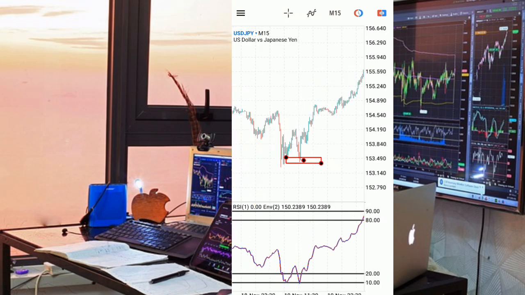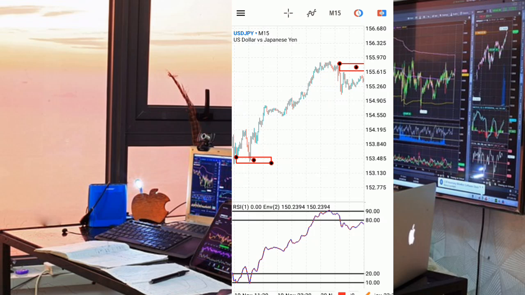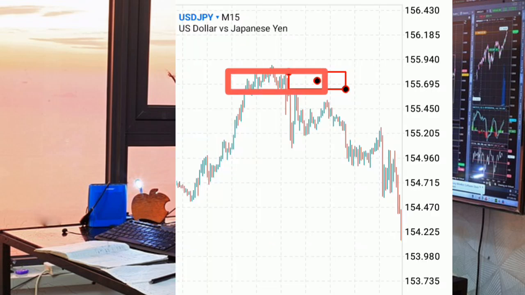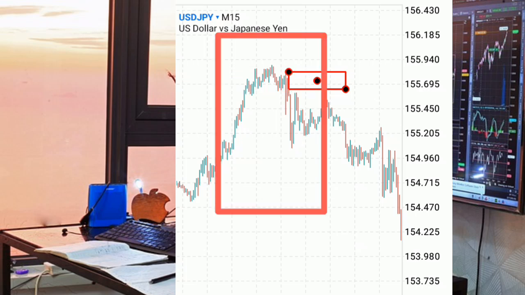This is just another place. There was a great bullish movement of price at that area. Now once again, when it reached up here, price was consolidating, and then price began to have a bearish movement.